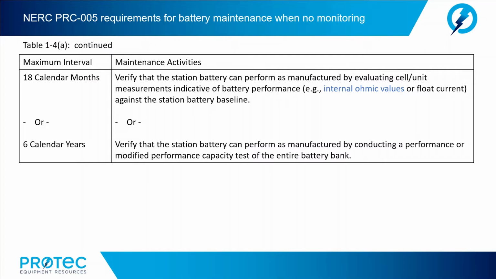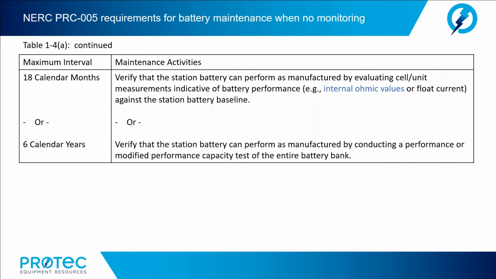Now, Table 1-4A continued. We also see that every 18 calendar months, we are to verify that the station battery can perform as manufactured by evaluating the cell or unit measurements indicative of battery performance. And they give example again here being internal ohmic values or float current, and to compare this against the station battery's baseline.